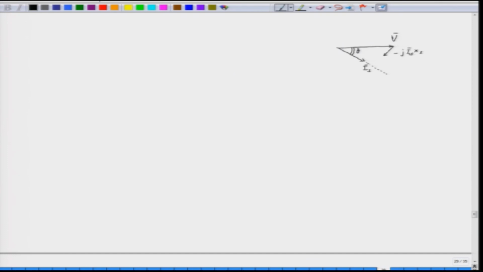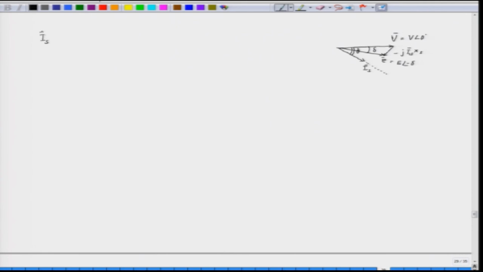If we complete the phasor diagram, this is E, and this angle is delta. So, E is equal to E angle minus delta, because E is lagging behind the voltage by an angle delta. What is V? V is the applied voltage, that is V angle 0 degree. Now, if this is what we have here, we can write down the expression for Is cos theta, or we can find out what is Is.